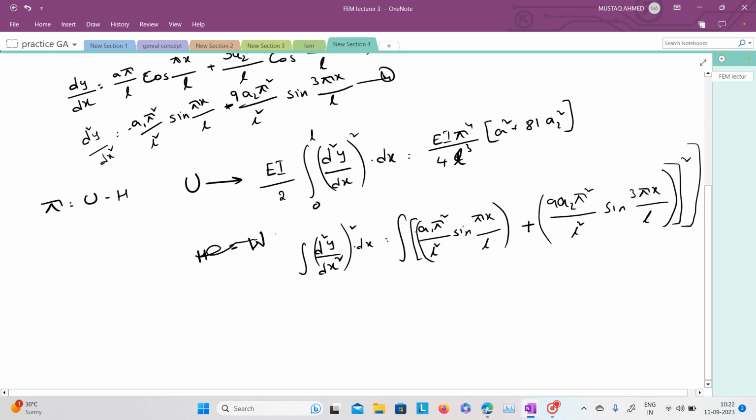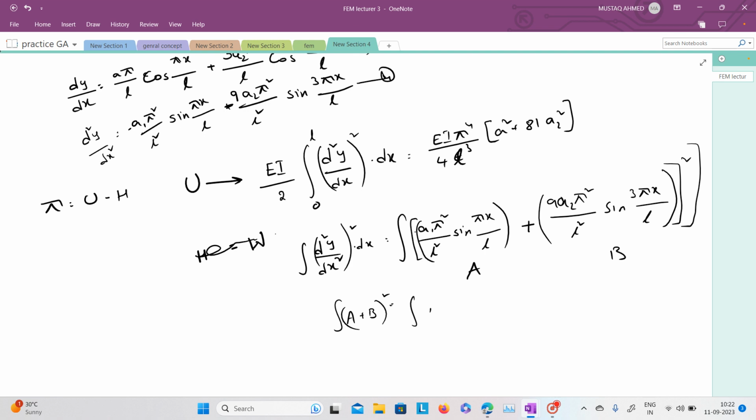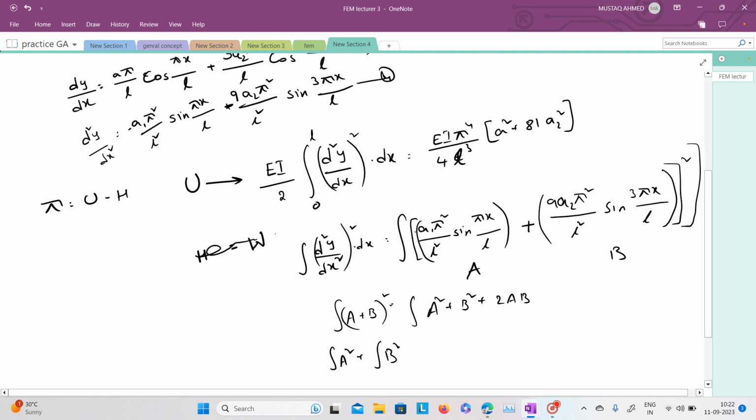Now let us consider the first term a and the second b. Integral of a plus b whole square equals integral a square plus b square plus 2ab. Similarly, integral a square plus integral b square plus 2 integral ab.